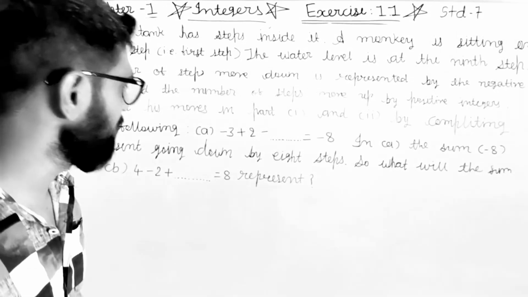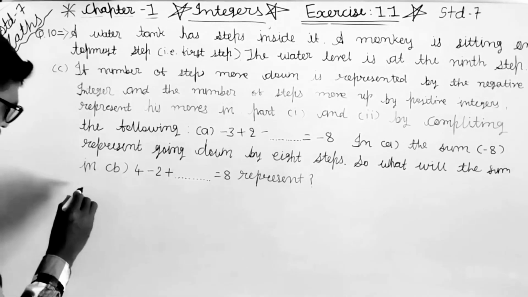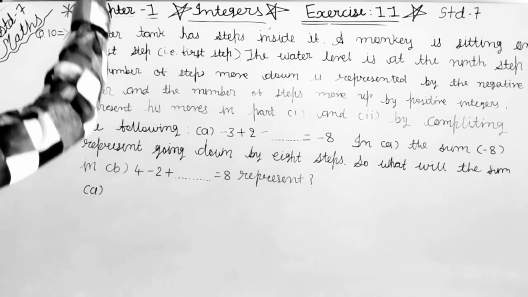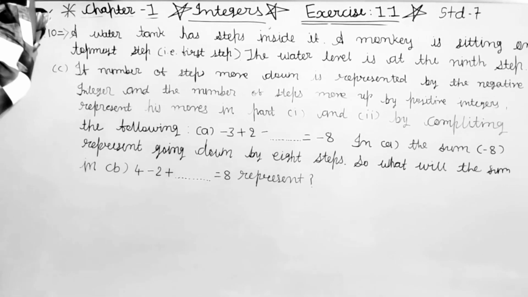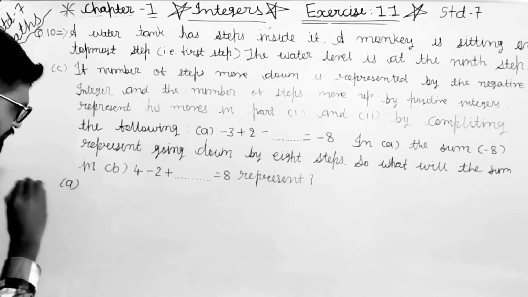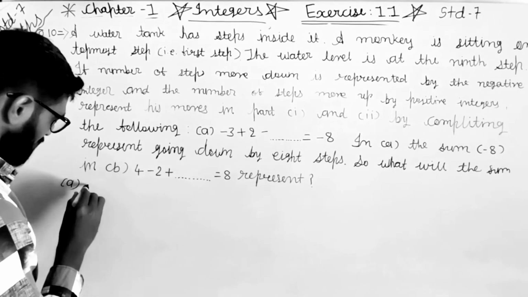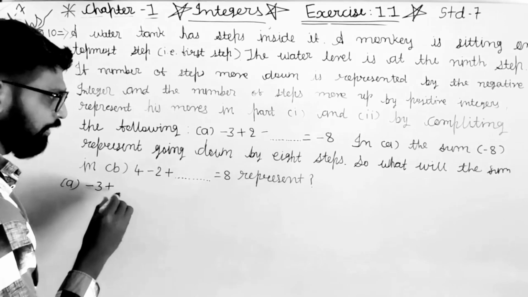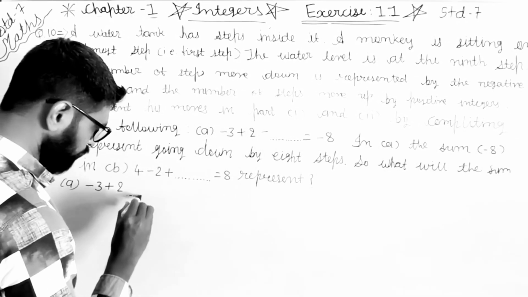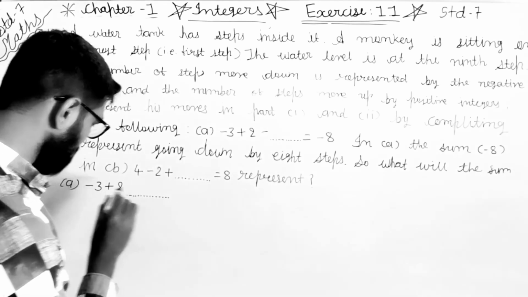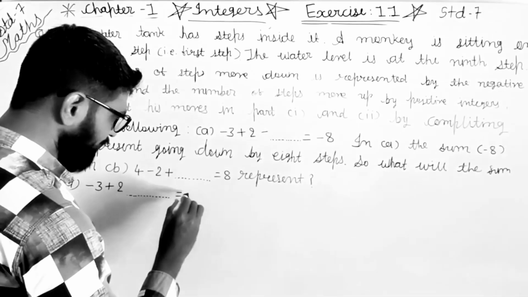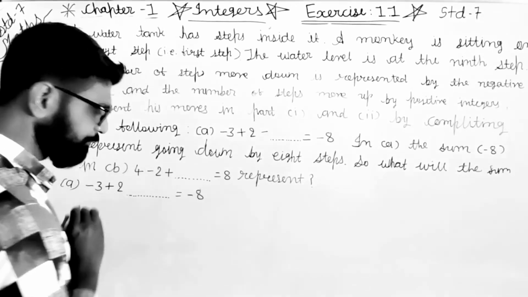Let's see, it is very easy. Question C, minus 3 plus 2. Now we have to add the same number again and again to find minus 8.